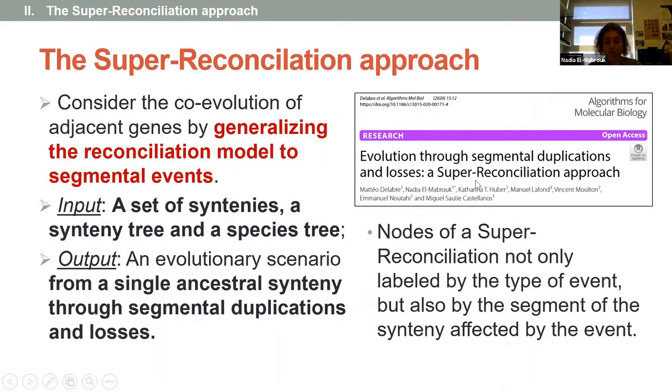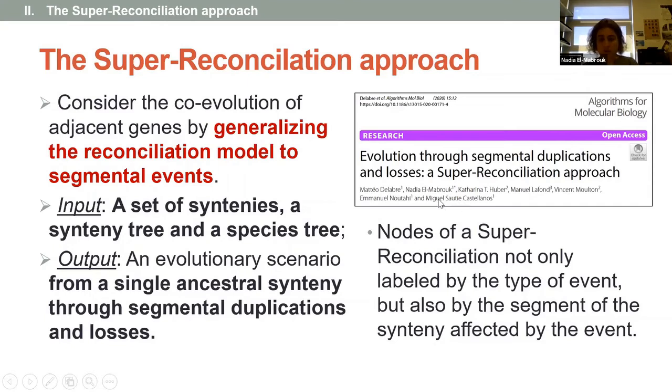So we have been interested in generalizing the reconciliation approach to a synteny tree, rather than to single gene trees. So we have generalized the reconciliation approach to segmental duplications and losses. In our methodology, the input is now a set of syntenies, a synteny tree and a species tree. And the output is an evolutionary scenario from a single ancestral synteny through segmental duplications and losses.